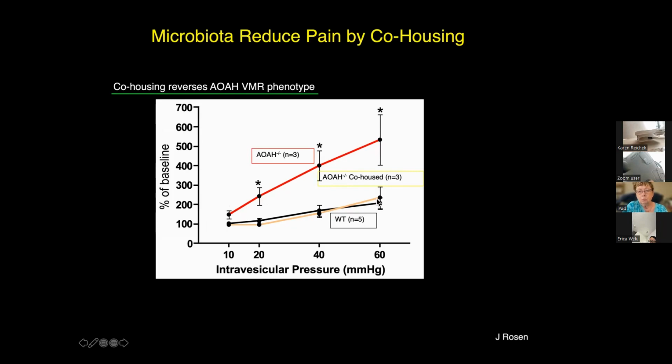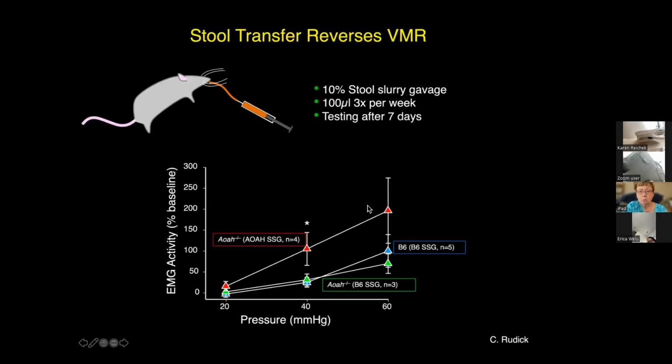So remember, their microbiome is altered. It's much like what you might have heard for C. diff colitis, fecal microbiome transplant, FMT. That is able to resolve the pelvic pain in these mice. Similarly here, we wanted to confirm that it wasn't just an artifact of socialization by putting normal mice with our pelvic pain mice. We gave them stool slurries for a week, and we saw the same thing.